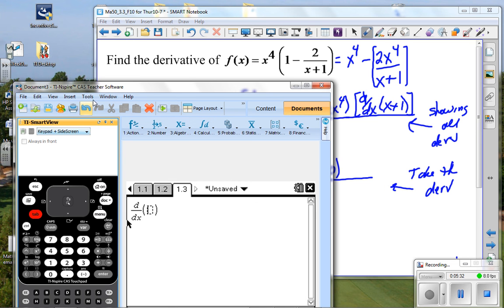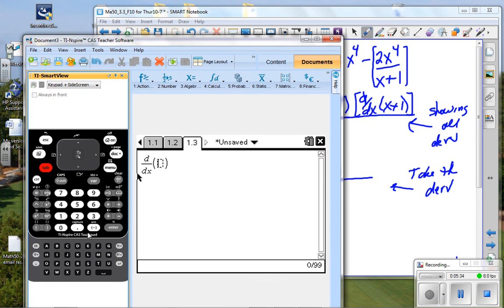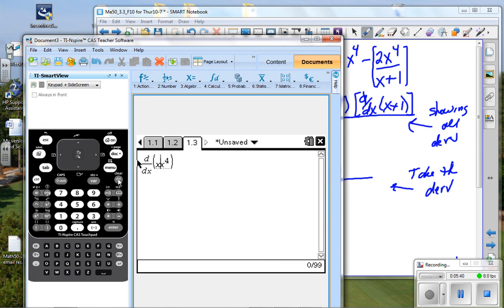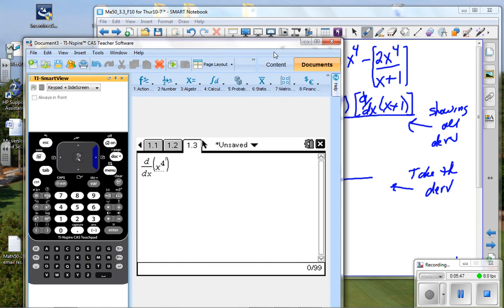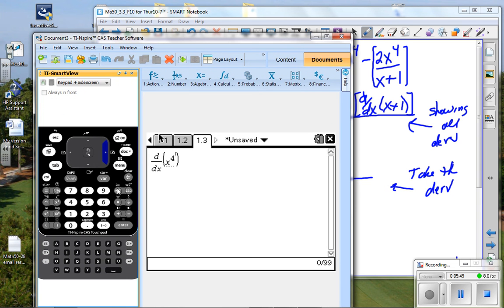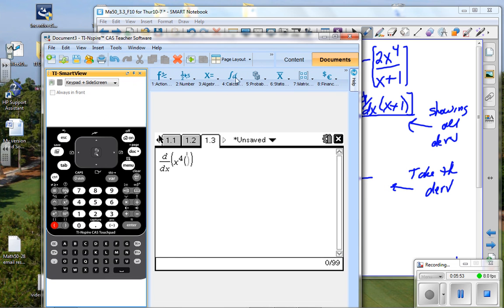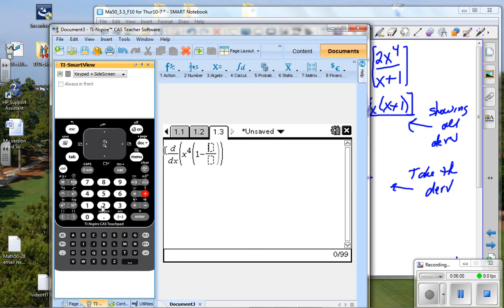So we need x to the fourth times, so put another set of parentheses, 1 minus, and then we have a fraction, and I believe that is 2 divided by x plus 1.